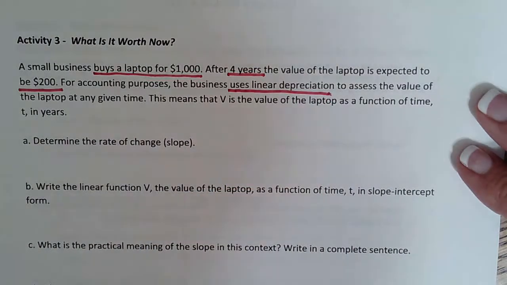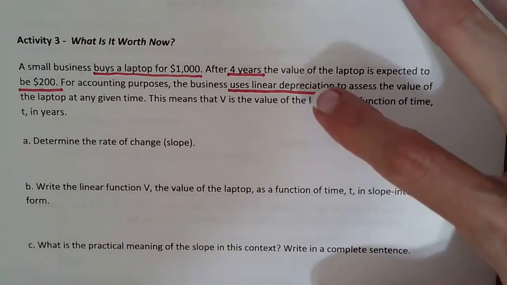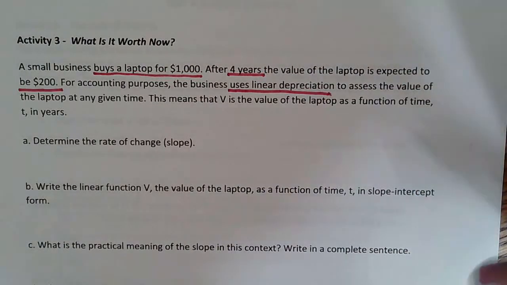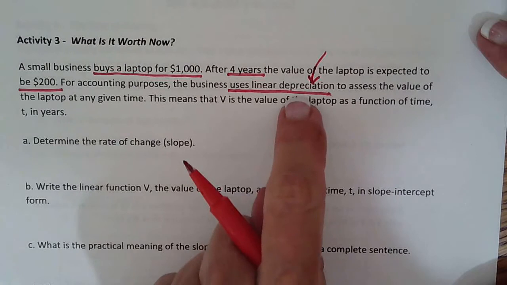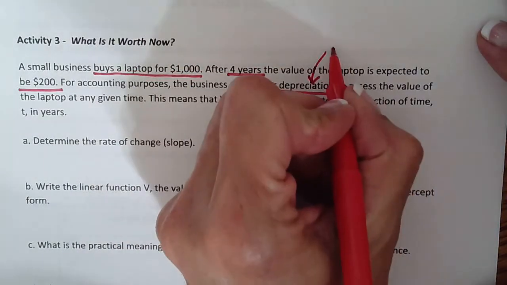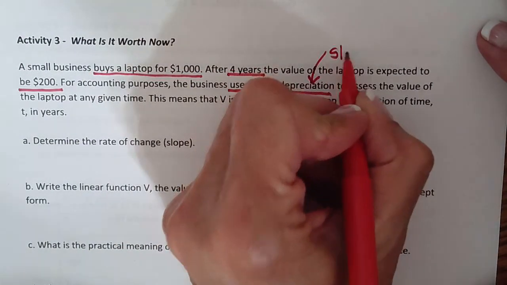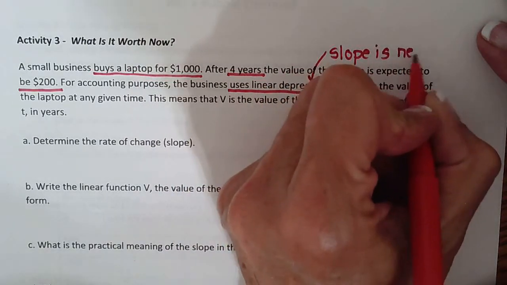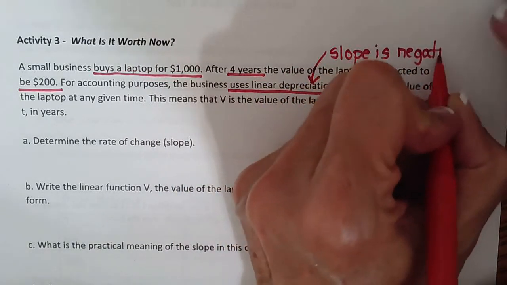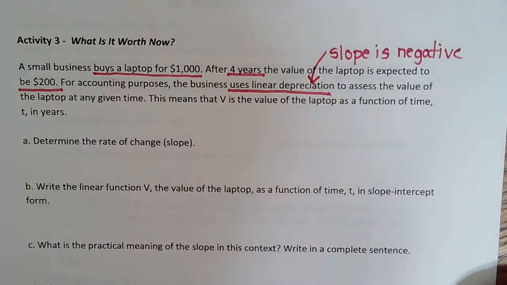In other words, that's just telling us y equals mx plus b. Depreciation, though, does tell us our slope will be negative because the value is going down. So slope is negative. So based on what we've read so far, who can tell me what b is, the starting point?